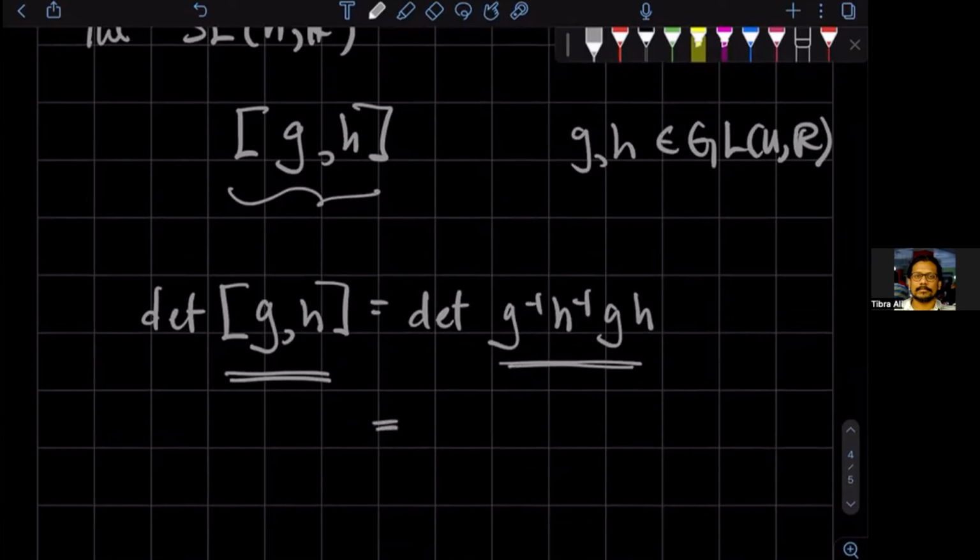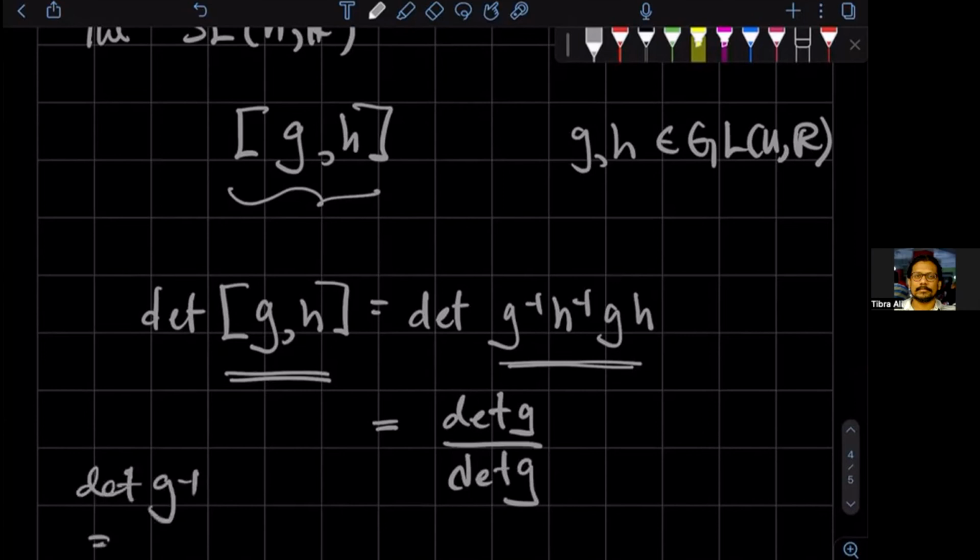But we know that the determinant of a product of matrices is equal to the product of the determinants of the matrices, right? So that means that we'll have determinant of G divided by determinant of G, because the determinant of G inverse is 1 over the determinant of G, right?